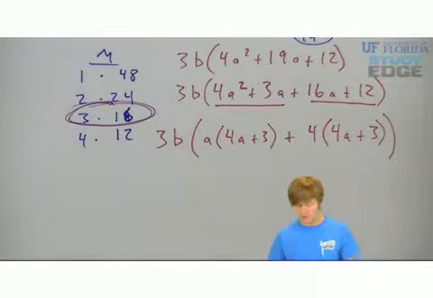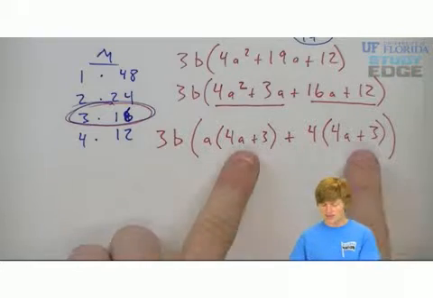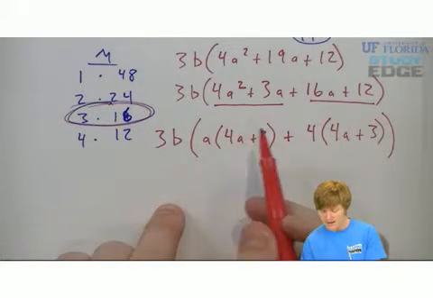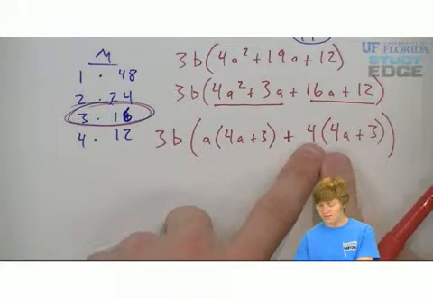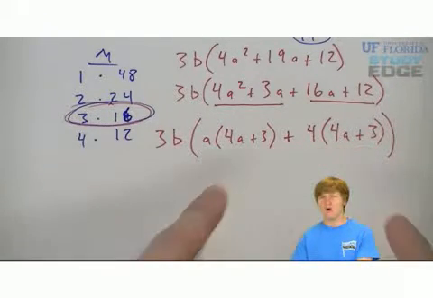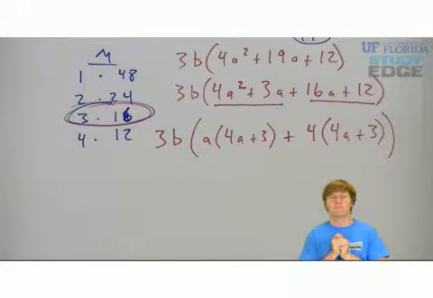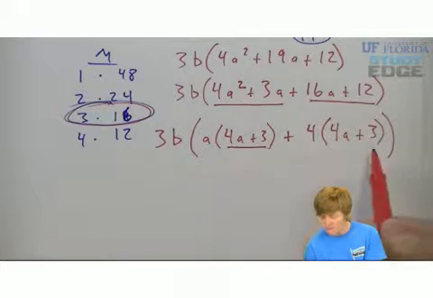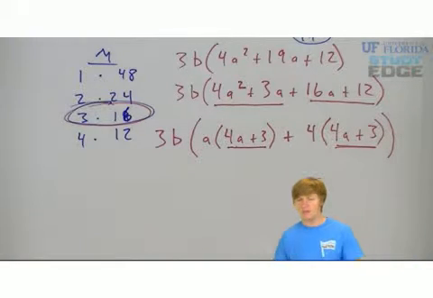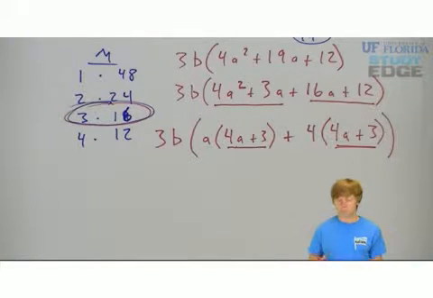Now I am almost completely done. I can see that this term right here, a times 4a plus 3, plus this term right here, 4 times 4a plus 3, share a 4a plus 3. So it's almost like I can factor out that 4a plus 3.